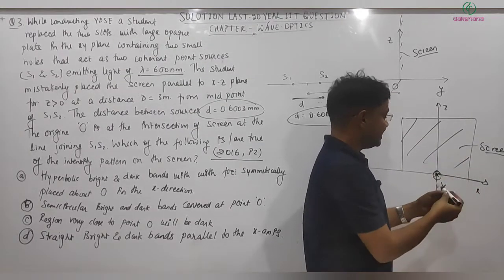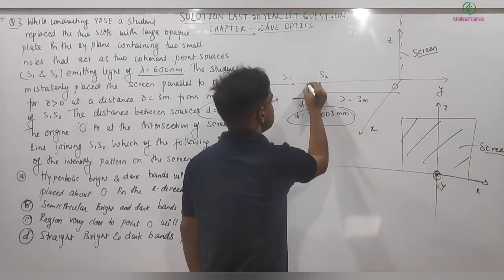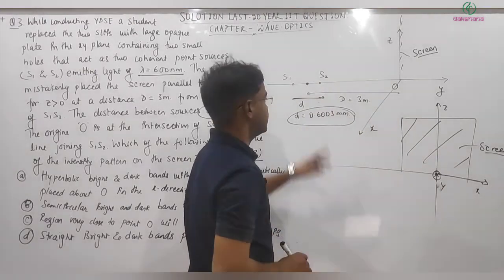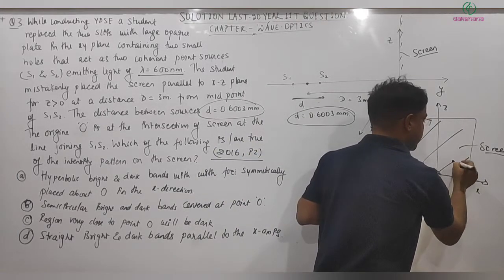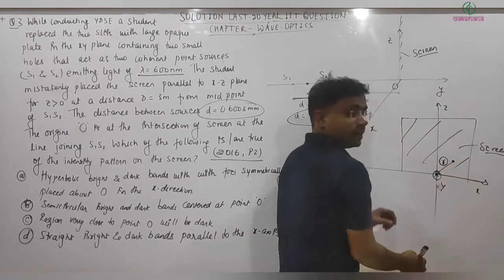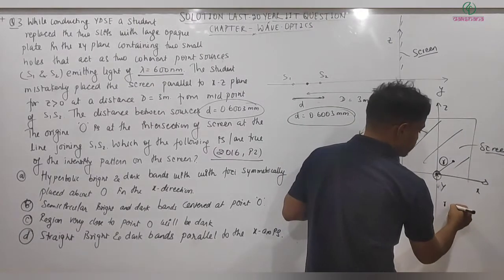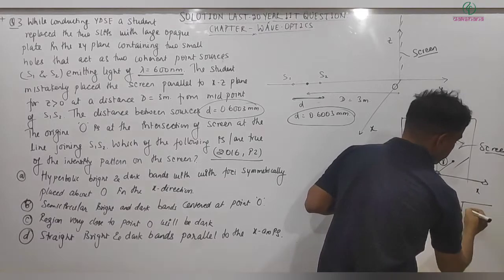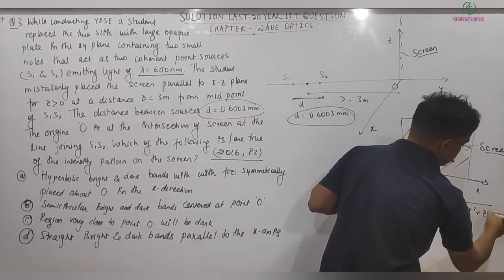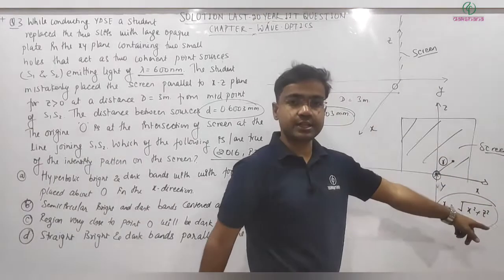Just imagine this is some midpoint. Then if I'm taking any point here, let's say at distance r, then what can be written? This is the xz plane, so r can be written as under root x square plus z square. I hope you are understanding this.